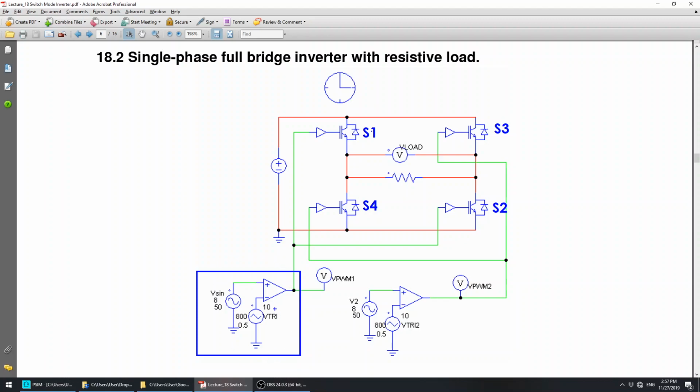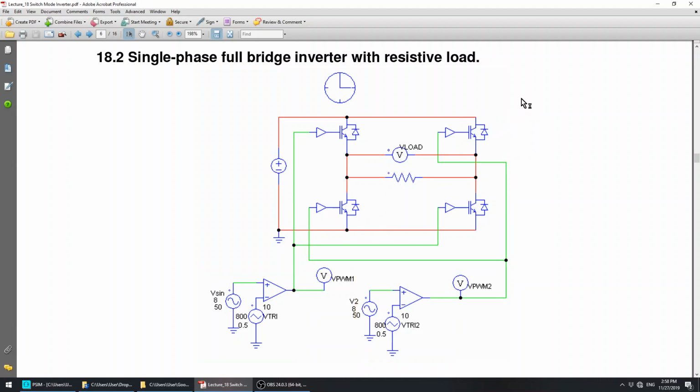And the other two switches will receive the PWM signals from the next comparator. So that will be S3 and S4.